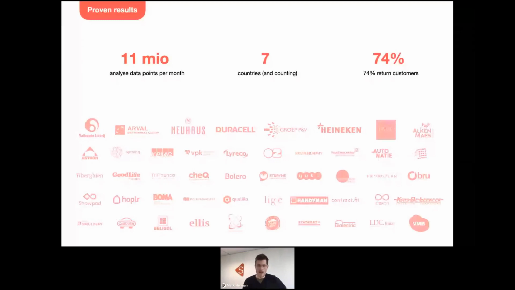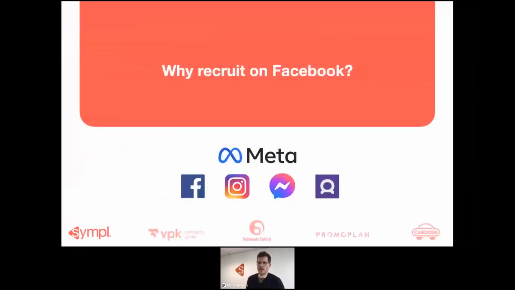Now, let's kick it off by just one very short introduction on Facebook. And when we talk Facebook, we actually mean the Meta Group. Probably most of you will know that Facebook has rebranded into Meta, which means that they now have the Facebook platform that you well know, Instagram, Facebook Messenger, and the last icon on there is probably not well known to everybody.